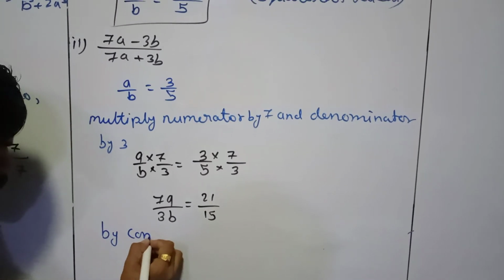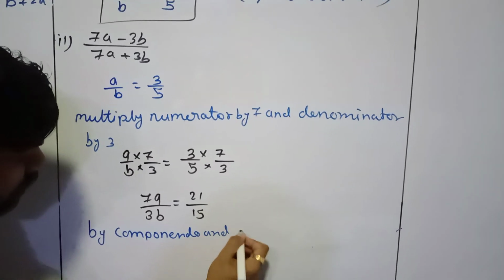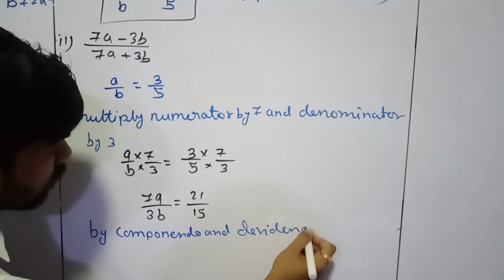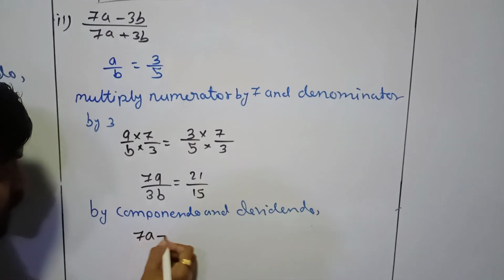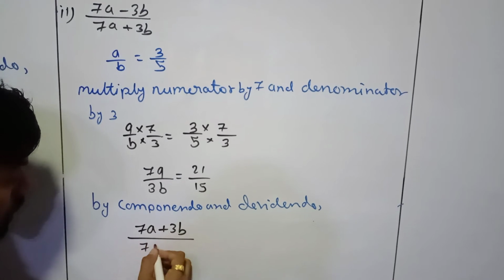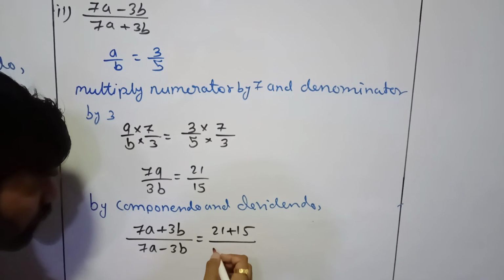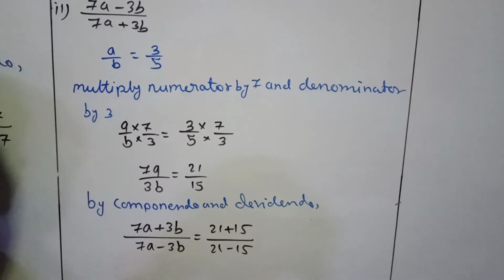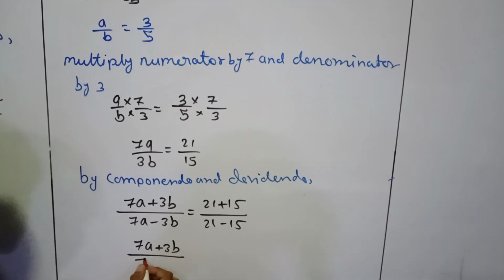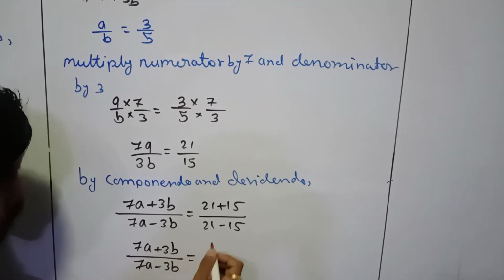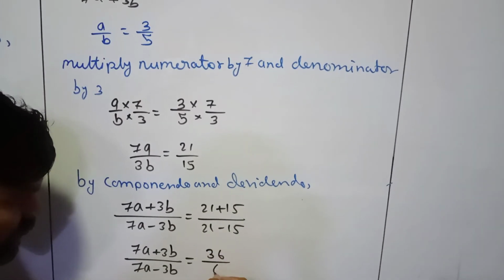By componendo and dividendo, what do we have? 7a plus 3b upon 7a minus 3b is equal to 21 plus 15 over 21 minus 15, that is 36, and here we are getting 6.